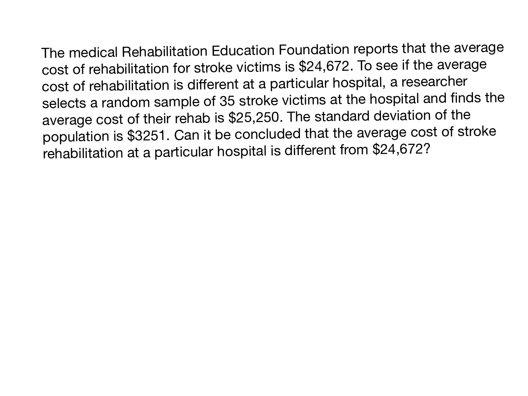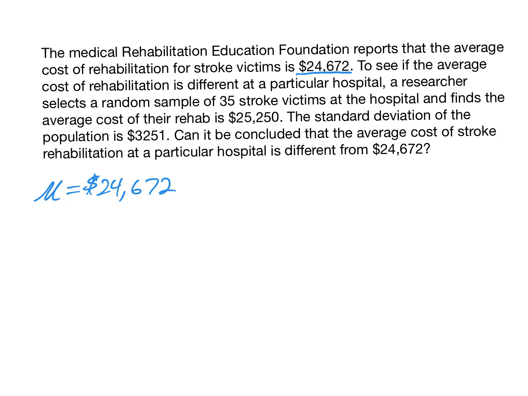Example 2. The Medical Rehabilitation Education Foundation reports that the average cost of rehabilitation for stroke victims is $24,672. Since this is coming from an education foundation, they've been doing research for a very long period of time, and that is our population mean mu, $24,672.